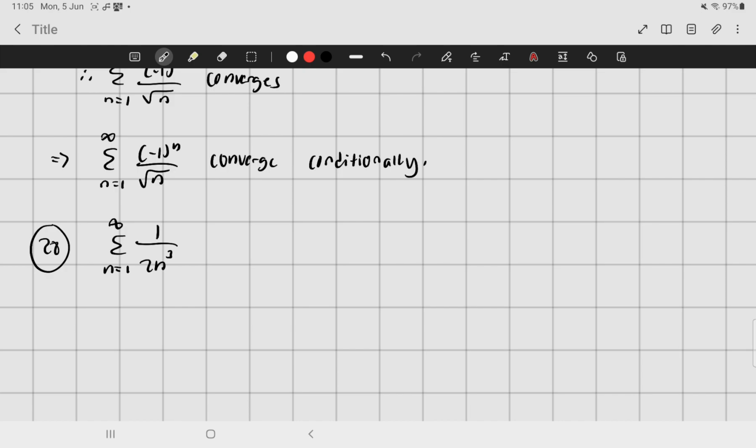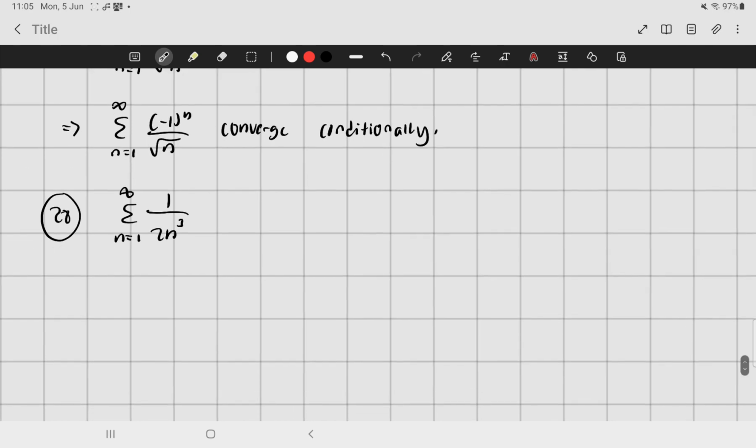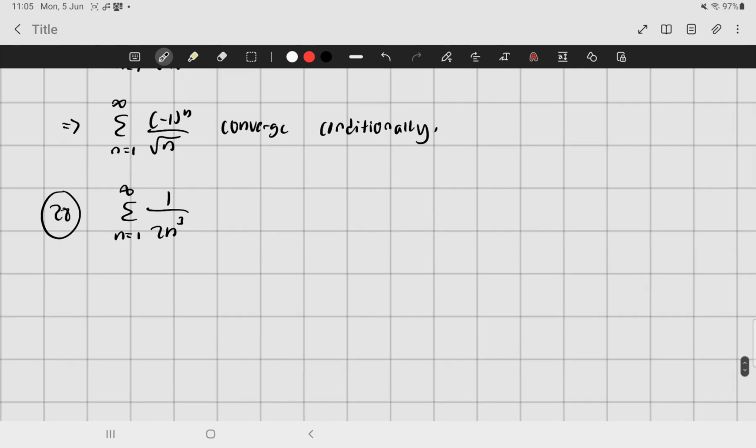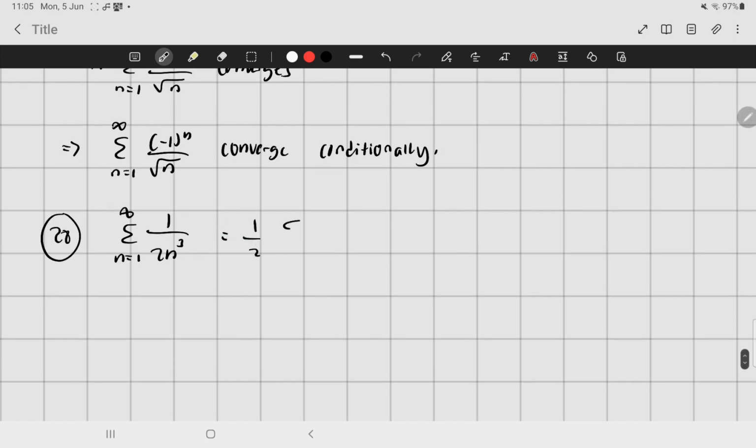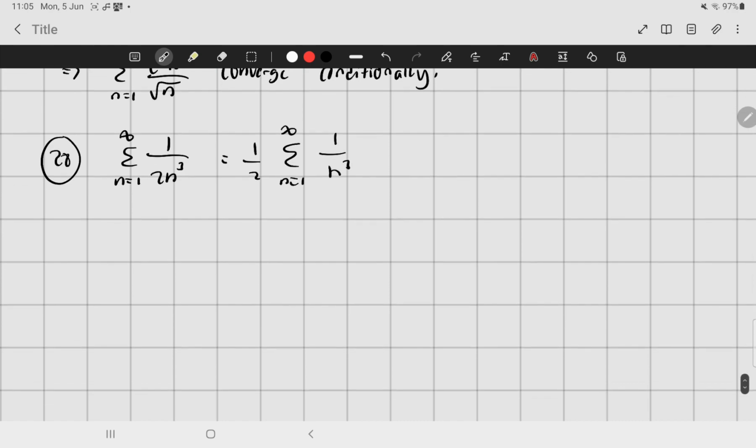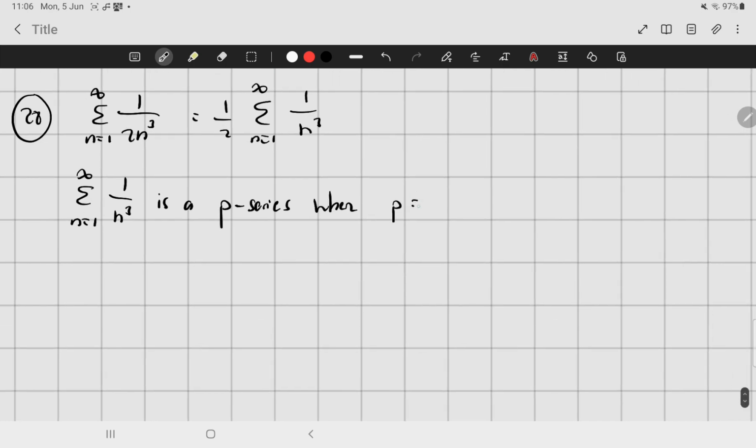So, oops, there's something on my screen. So we have a series, and it's a P series. But it's not a P series yet. The constant multiple we will be bringing up from our series here, so 1 over 2. Now this is our P series, where P is equal to 3, larger than 1.